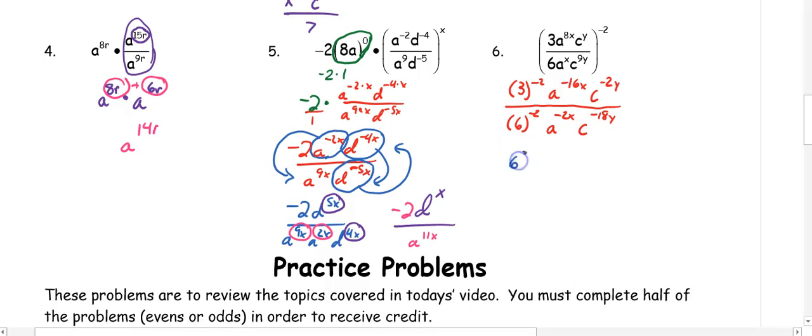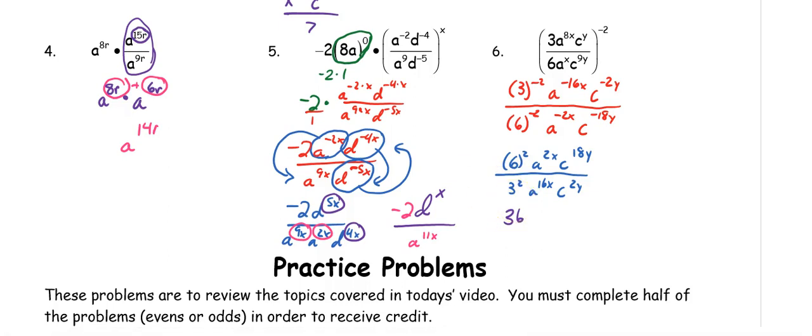So that gets us 6 squared, a to the 2x, c to the 18y, over 3 squared, a to the 16x, and c to the 2y. So I can square those numbers of 6 and 3 squared, so we get 36 over 9.